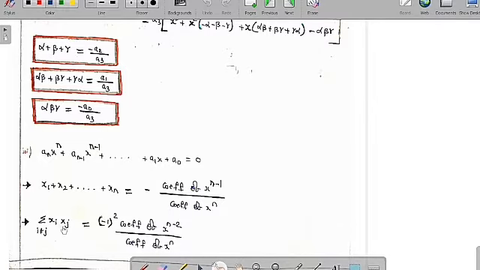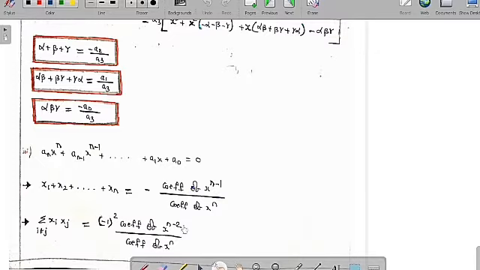Suppose you are going to take the summation of the product of two roots, then what is going to happen is minus 1 whole squared, because we are taking the product of two roots, times the coefficient of x to the power of n minus 2 by the coefficient of x to the power of n. So the denominator is always the coefficient of x to the power of n, whereas in the numerator, if you have taken minus 1 whole to the power of 1, it has to be n minus 1.